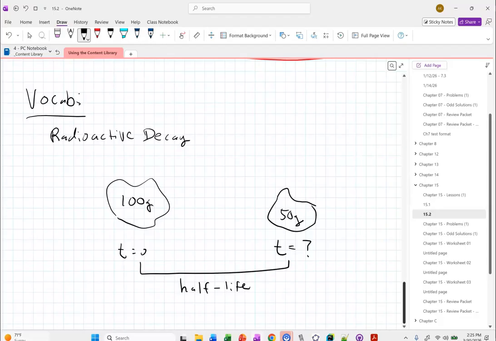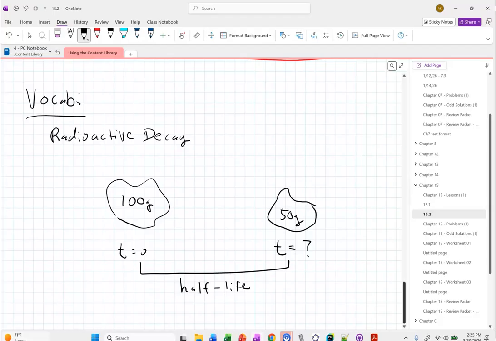Once you're dead, your body stops making new cells, so the percentage of carbon-14 in your cells is locked at the time of your death. So if we measure the percentage of carbon-14 in your dead cells, we can see how long you've been dead, because we know exactly how long it takes for carbon-14 to decay.